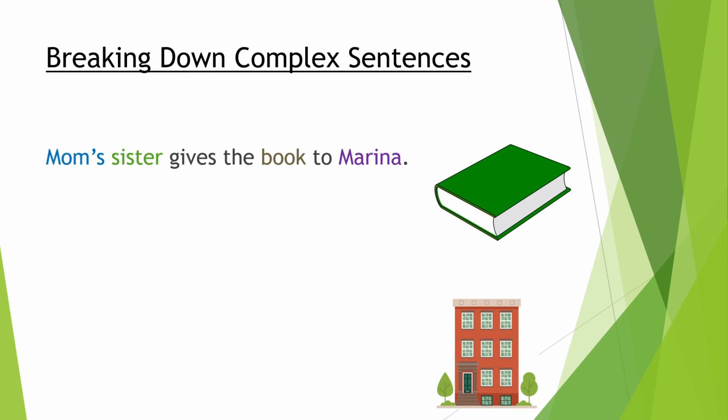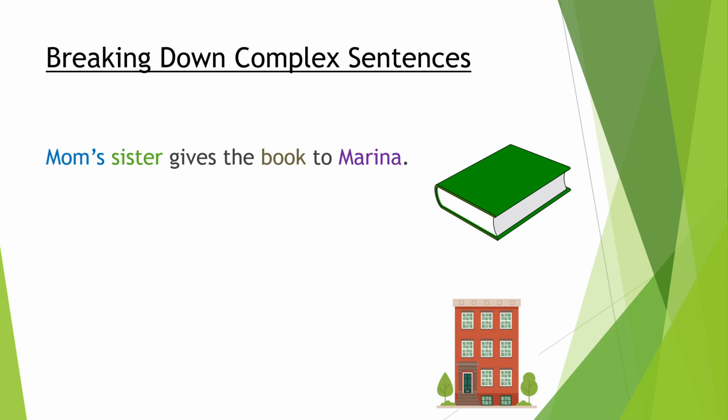Okay, so this is about the sister, right? I know that the sister is the subject of the sentence, because she's doing the action, she's doing the giving. So sister is going to be in nominative case. That's not going to change. That's just сестра. Whose sister? It's mom's.